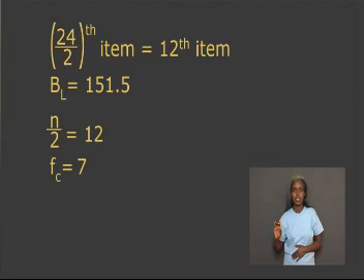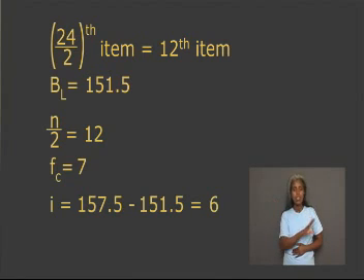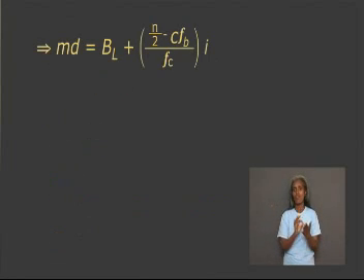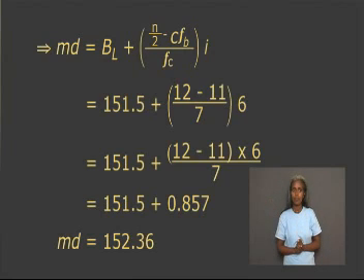F sub C equals 7, i equals 6, and CF sub B equals 11. Here is our formula. We must substitute the correct values, then simplify. Here is our answer. The median height in the class is 152.36 centimeters. If that was your answer, you did very well.